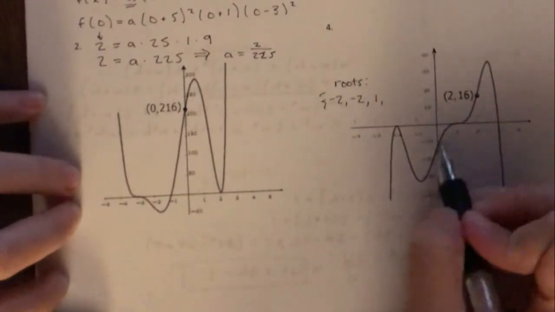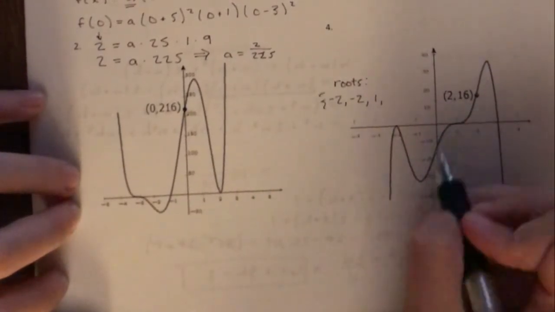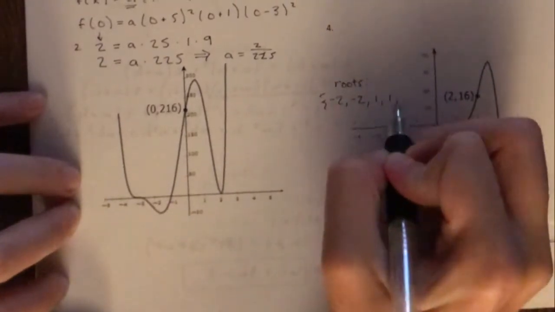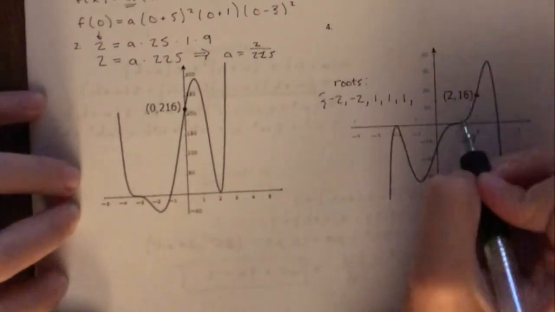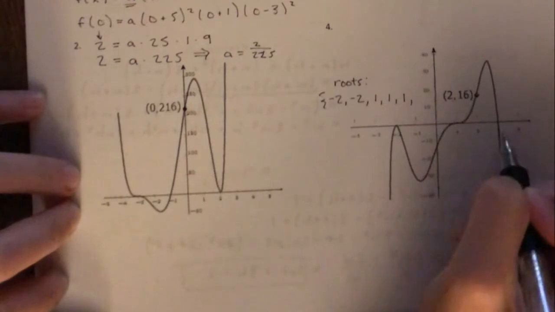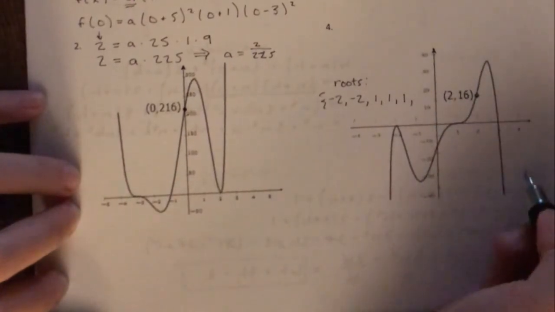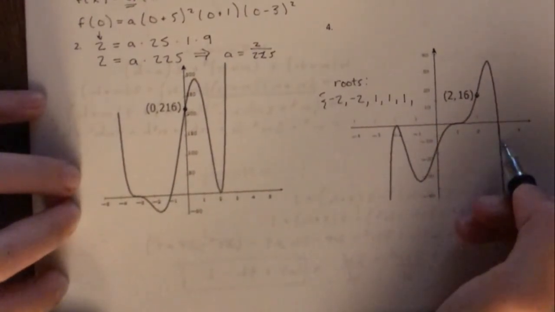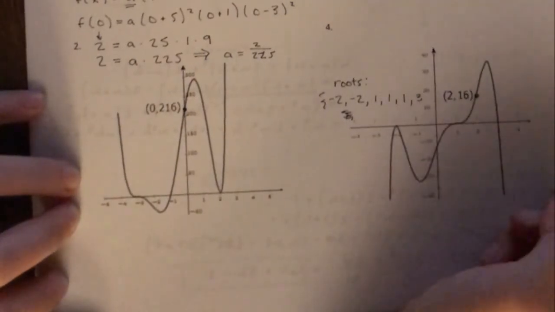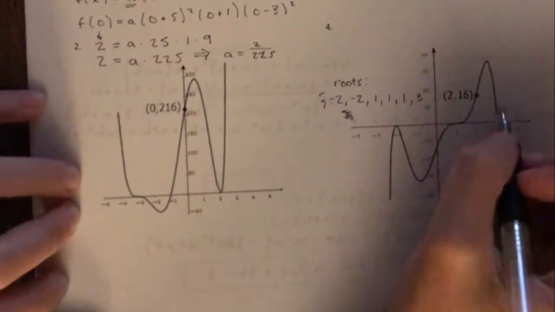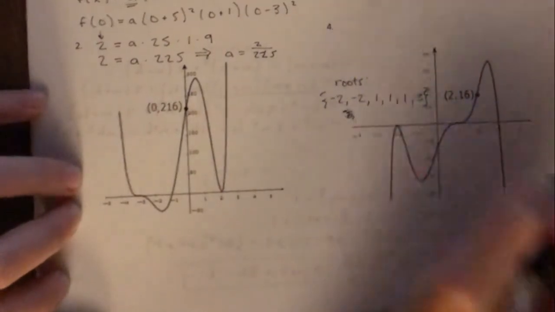How many times does 1 show up? That definitely looks like a cubic function, so that's going to be there 3 times. And then we keep going, we pass through, we get +3. How many times does that show up? Well, we pass straight through, so just once, right?